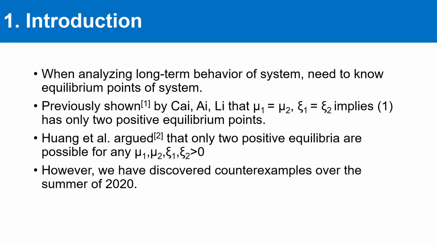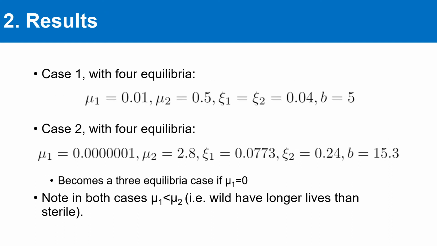However, we have discovered some counterexamples to this claim over this summer. As seen here, we have case 1 and case 2 labeled. If the parameters equal these values, then it can be shown that the system will have 4 positive equilibrium points.